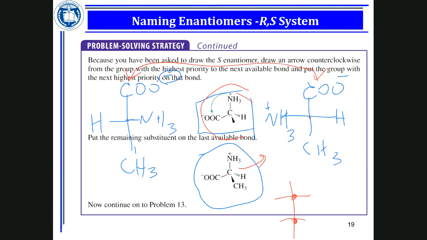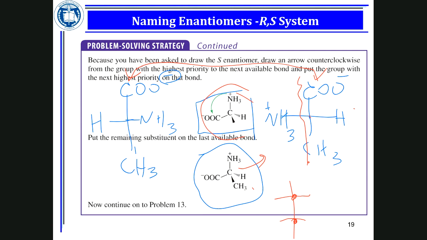Carbon chain goes on the vertical line, and other groups would go on the horizontal line. In Fisher projection, this vertical line is going away from you. Horizontal line is coming toward you.